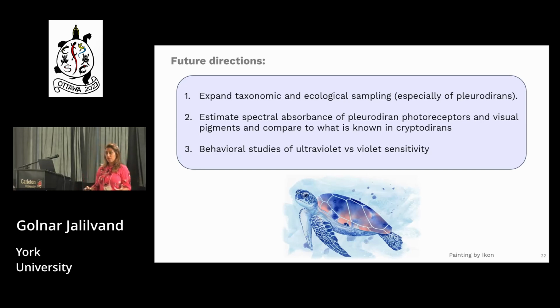And to answer this question, why Pleurodirans are more dependent on color vision, while Cryptodirans are more UV sensitive, we need to study the behavior of these two groups more.